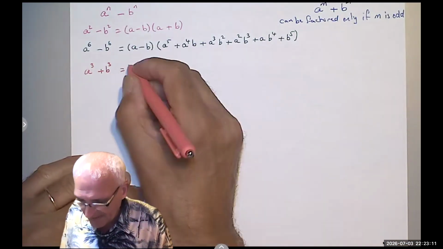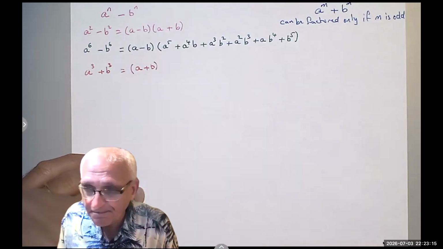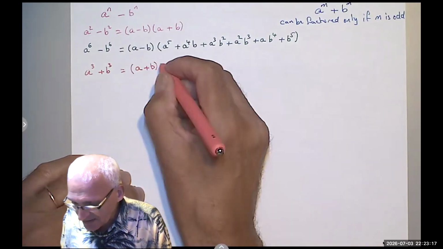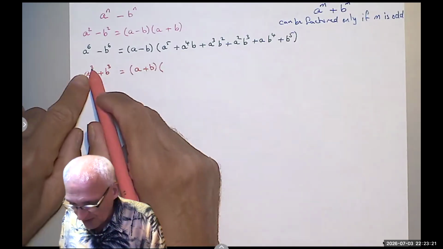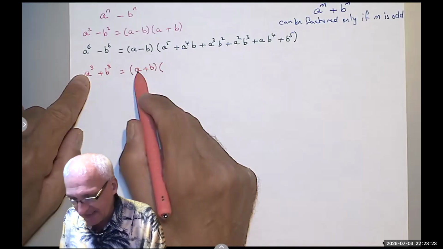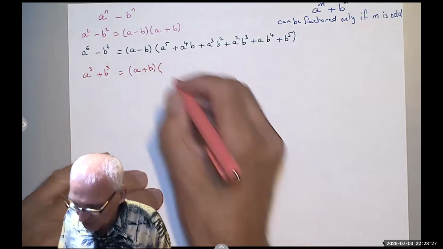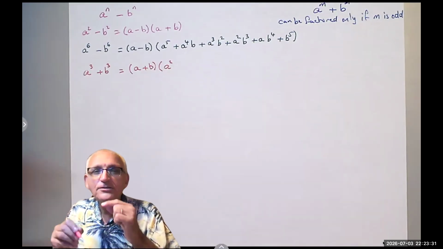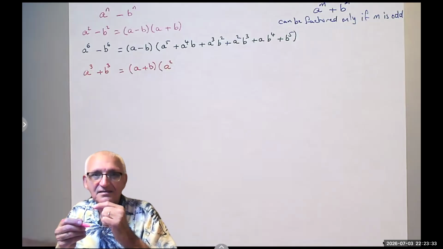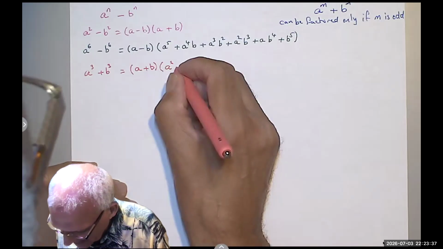Like you might have expected, the first factor would be a plus b. And we'll do the same idea. We are going to decrease the power. Notice this was a cube and this is a, so when I divide them, I get a square. So we start with a square, but then we alternate the signs. Negative, positive, negative, positive. So the next one would be negative.